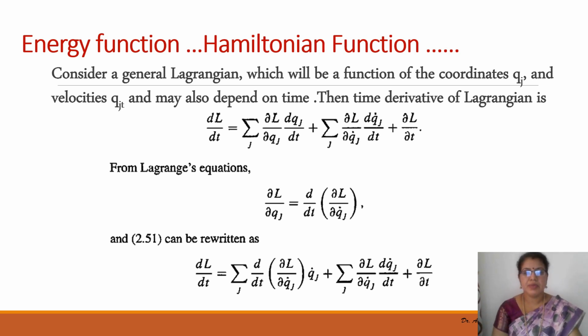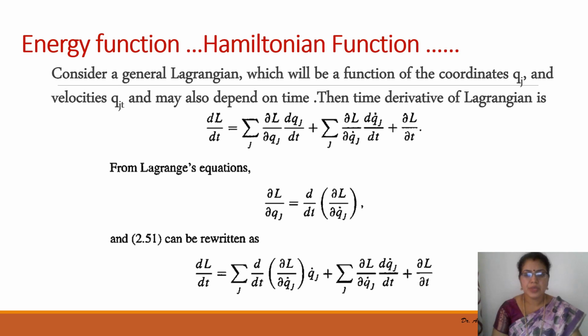So the time derivative of the Lagrangian, dL by dt, would be equal to dou L by dou qj into dqj by dt, plus dou L by dou q dot j into dq dot j by dt, where q dot j is the velocity coordinate, plus dou L by dou t. We know from the Euler-Lagrange differential equation that dou L by dou qj is equal to d by dt of dou L by dou q dot j.